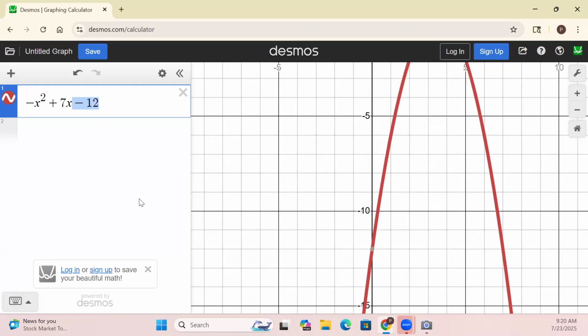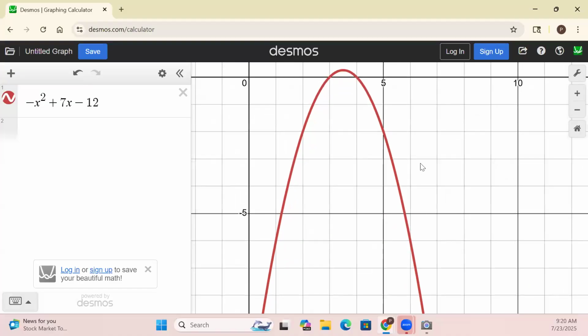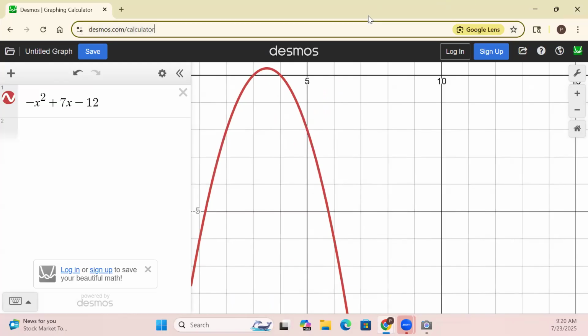Negative 12. There it is right there. Negative 12. So not only hopefully does this help you connect between the symbolic and graphical representations.